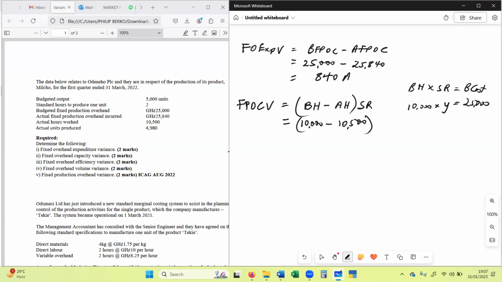So for the standard rate, we divide 25,000 by 10,000. That gives us 2.5, and that's the standard rate.